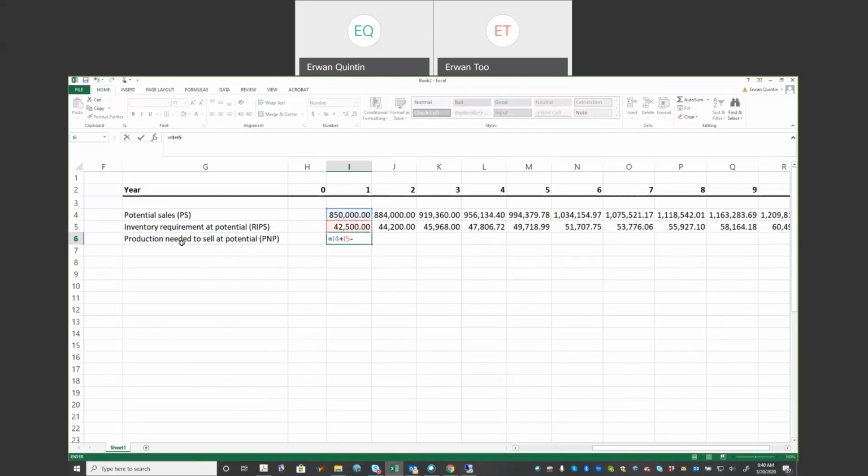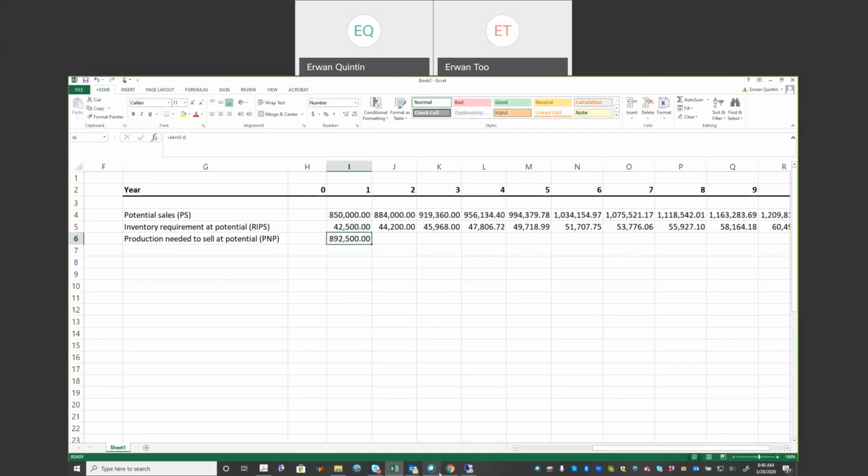But of course, in year 1, I do not have any starting inventory, so I'm just going to write -0 here, just for emphasis. Very good. So I'm going to just take care of year 1 for now, since I need to go all the way down to starting inventory in order to begin to work on year 2 to compute PNP for year 2.